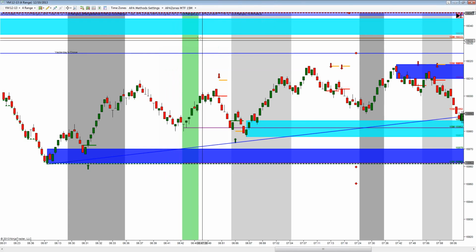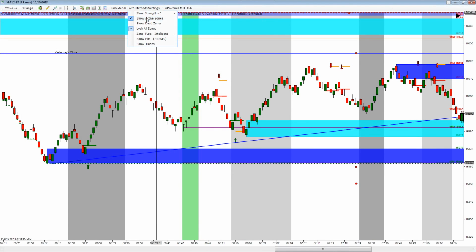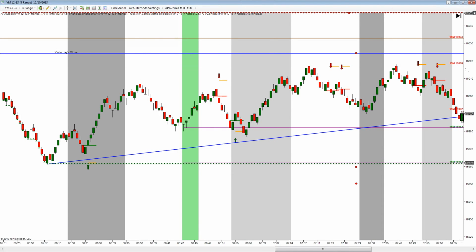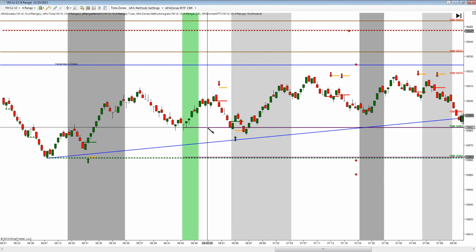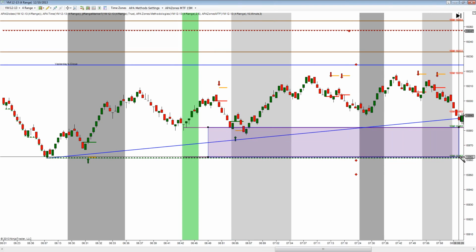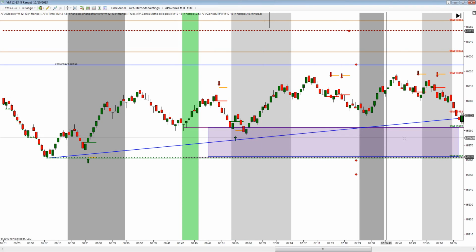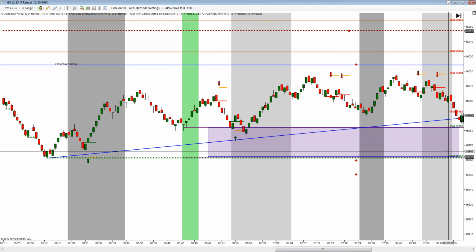And now we see, let me turn off these zones here just so that we make it very, very obvious as to what's happening. We see this 15-minute zone, and I'll fill this in just with a little bit of color. Notice that these two 15-minute lines, they're just lines and they're purple. Okay, there's no filled in color here.